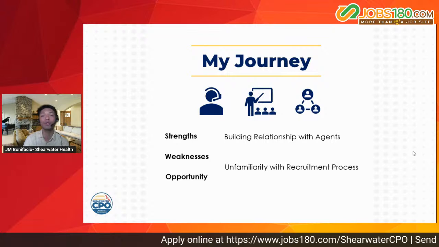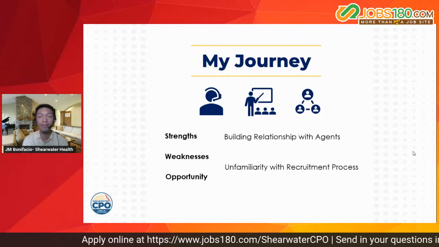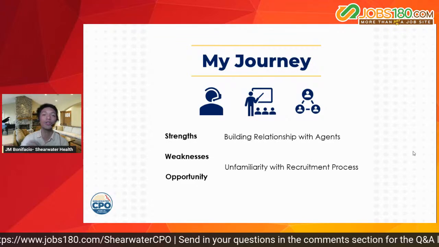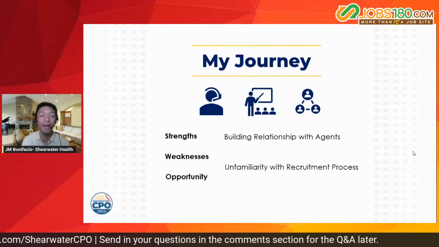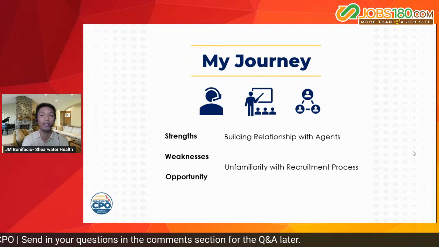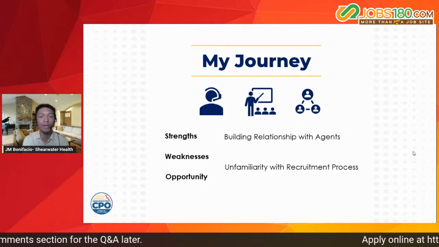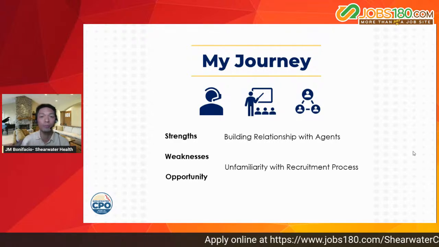Since that's my opportunity, I created my own SMART planning. I have to make sure that after 30 days, I am familiar with my own role, my personal role as a job offer specialist. And after 60 days, I need to make sure that I fully understand the recruitment process.